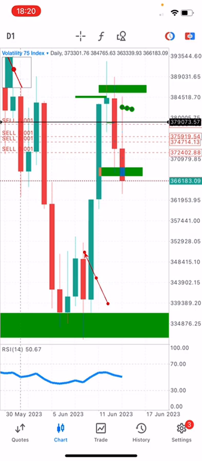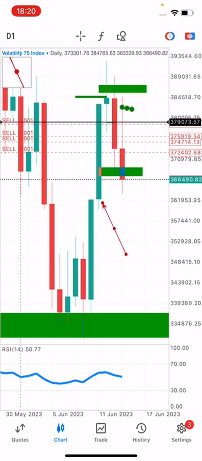From this side, there was no spike in between this level until here. So this means there is actually some liquidity here, too much liquidity here. So what does the market do? The market runs down to collect this liquidity, to fill up this gap. Some people call it filling up the gap.